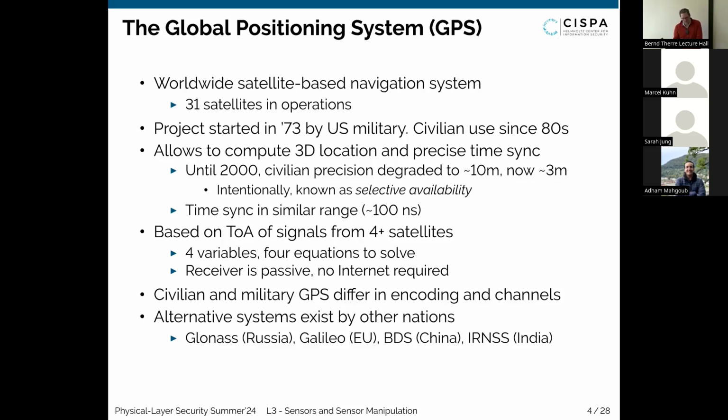So you can more quickly get an update of where your location is if you know where you were maybe a minute ago. If you don't know at all where you are, solving the system of equations can take a longer time. This is one of the reasons why, when you switch on your GPS receiver in a car and the car hasn't been used in the last day or so, it might take a longer time for the car to get a GPS location fix.